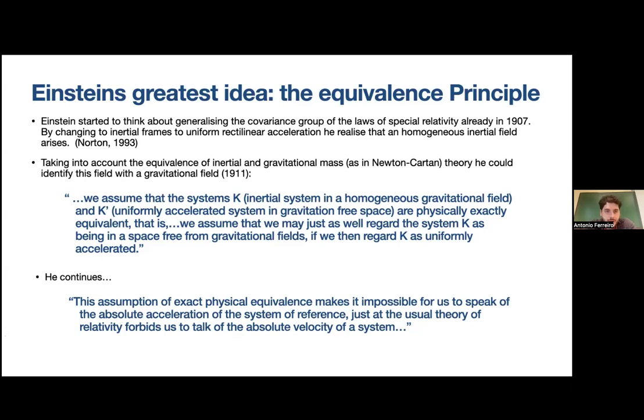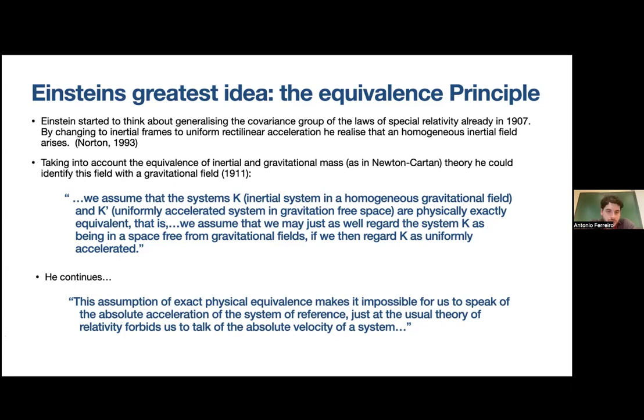Knowing, as we saw a bit in Newton-Cartan theory, that inertial mass and gravitational mass are just the same, he identified this homogeneous inertial field with exactly the gravitational field.